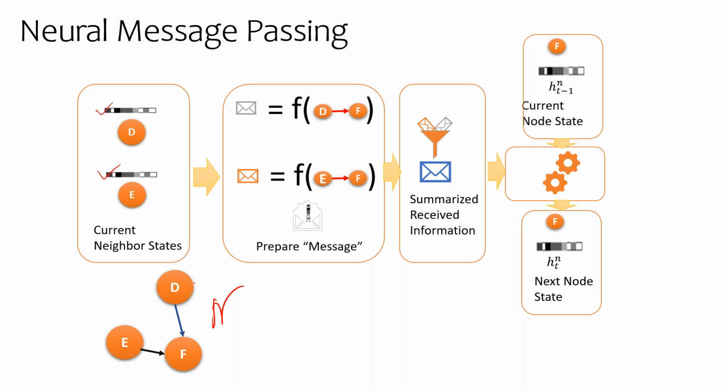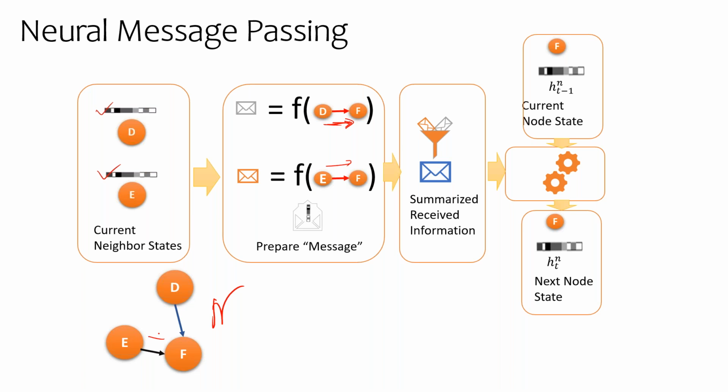These neighbors will have the information collected from the other nodes, right? So here I have D and E, which have some vector representation and the current neighboring states, and those are passing a message to the other node. D is passing a function where I'm passing the message from D to F and E to F, right?